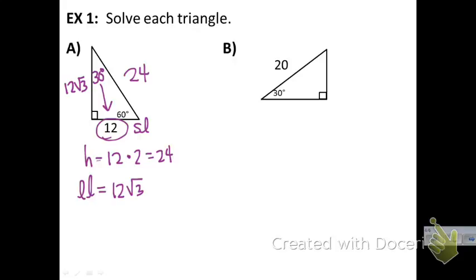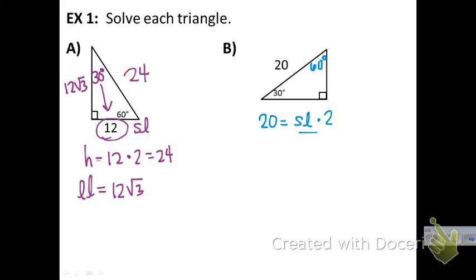Okay, so again, the first thing you want to do is find that missing angle. If the one given is 30, we know that the other one has to be 60, and then identify the side of the triangle. This 20 is the hypotenuse, so we're going to use the formula that says the hypotenuse, in this case 20, is equal to the short leg times 2.